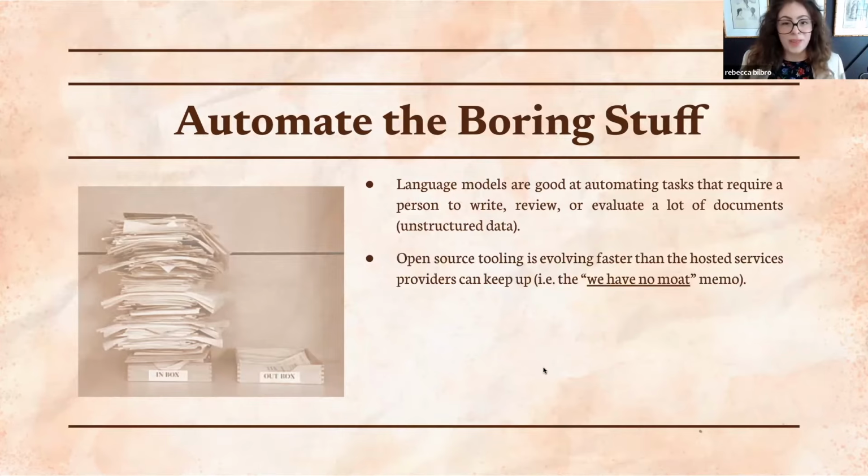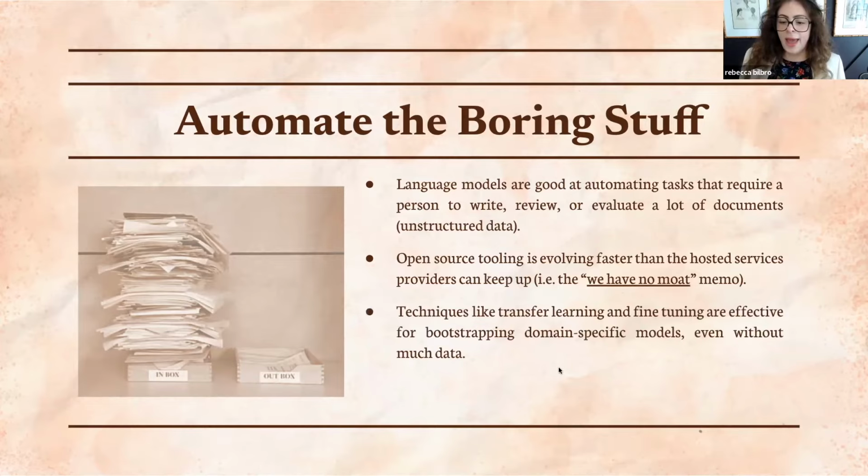Like I said, with the "we have no moat" memo, open source is moving really fast. It's moving faster than the hosted service providers can keep up. So the state of the art stuff is not going to be available through the big cloud providers because it's coming out so fast they can't keep up. So you can confidently use open source models and feel like you are really at the frontier.